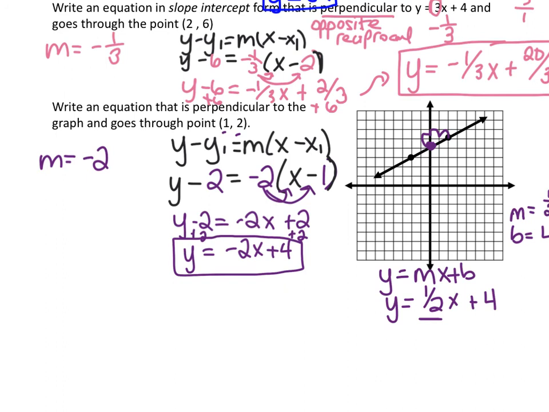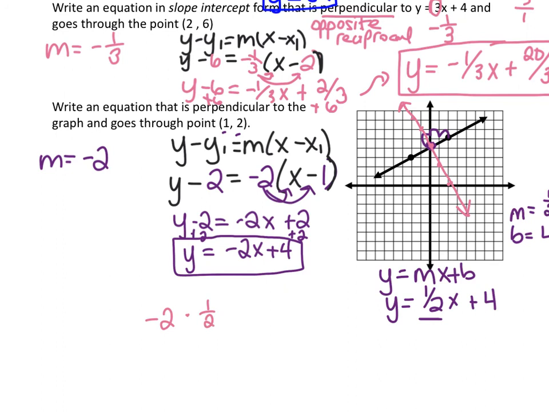So I'll do this one in pink. So we just so happen to hit that same y-intercept. We have a negative slope, so down 2 over 1. And our line is going to be perpendicular. Okay? Remember, you can always check if your slopes give you a product of -1.